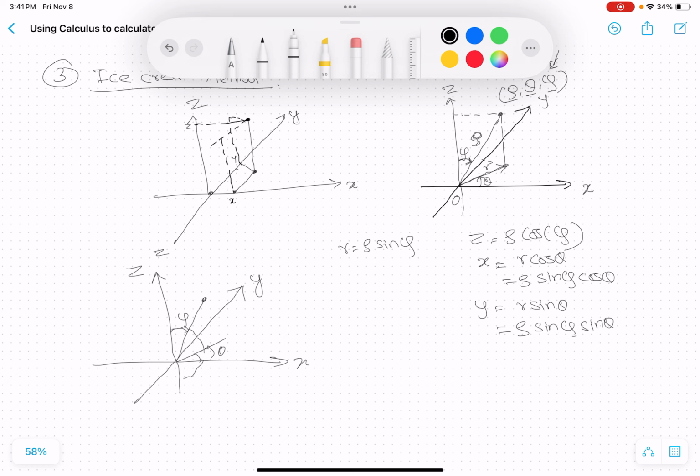So this point, if it's going from the z-axis downwards and also rotating throughout the axis, you will see that this is generating a hollow sphere, right?